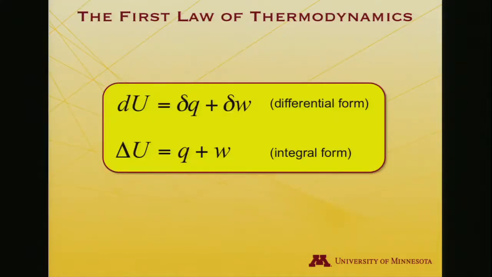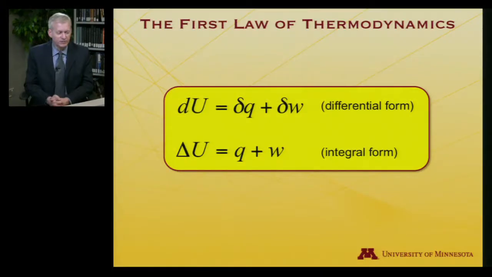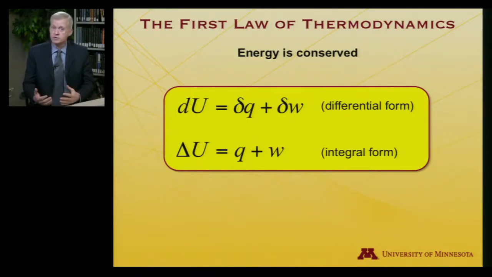And so here is the first law of thermodynamics, which we expressed in words early on in this week. We said energy is conserved was a very simple way to express the first law. But here's the mathematical way that one would express the first law. In differential form, we would say that dU, state function, is equal to delta q plus delta w, the sum of the heat and the work.